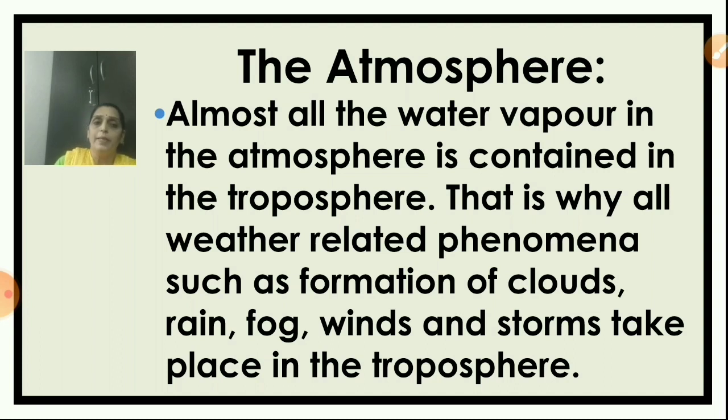This means the water vapor in the atmosphere is contained in the troposphere, and because of which weather related phenomena such as formation of clouds, rain, fog, winds and storms take place in the troposphere.